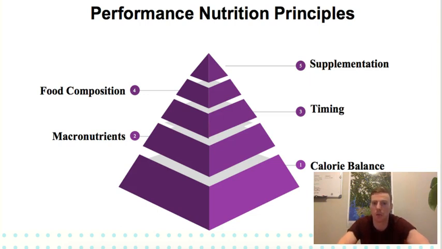There's a lot more to it, and it gets more nuanced, but calorie balance is the most important thing, followed by macronutrients, which is the amount of protein, carbs, and fat that you consume. Then timing, like spreading your protein throughout the day and timing your carbs pre- and post-training. Then food composition, which is getting maximum value from the foods you eat in terms of micronutrients and antioxidants, and then supplementation on top.